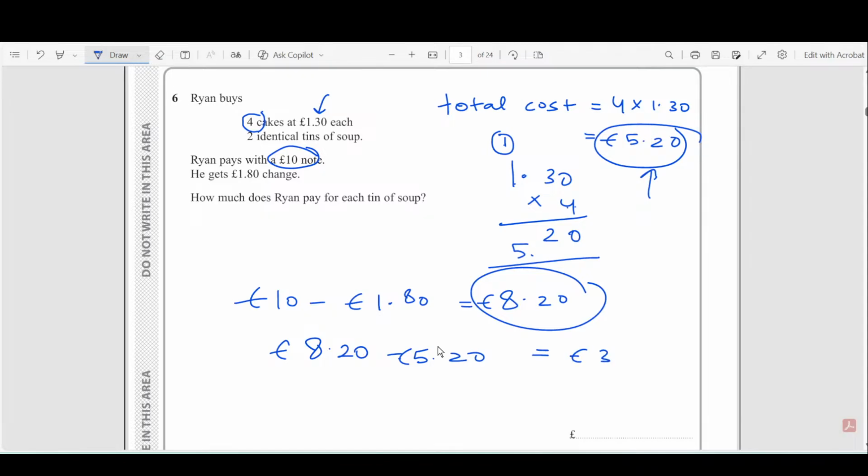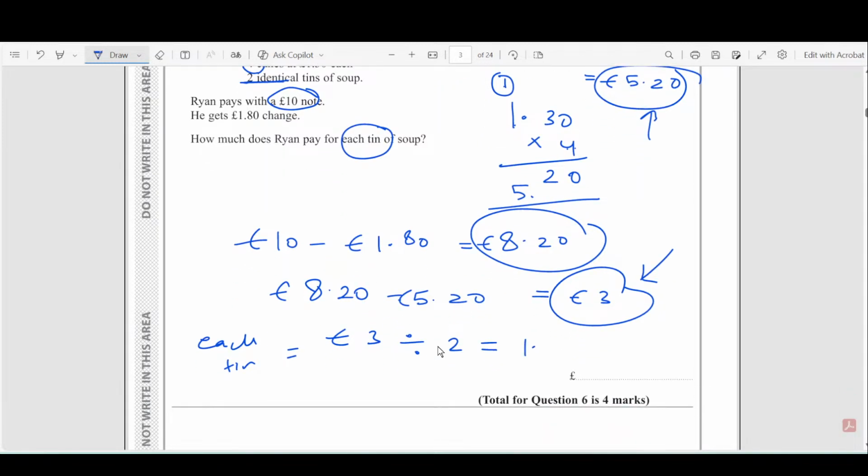This is the cost of two identical tins. To find each, we need to divide it by 2. If we divide 3 by 2, we get 1.50, right? Half of 3, and that's the answer.